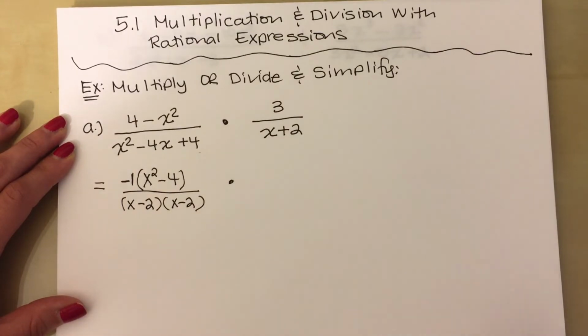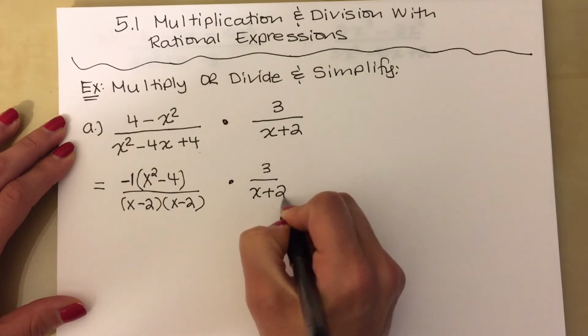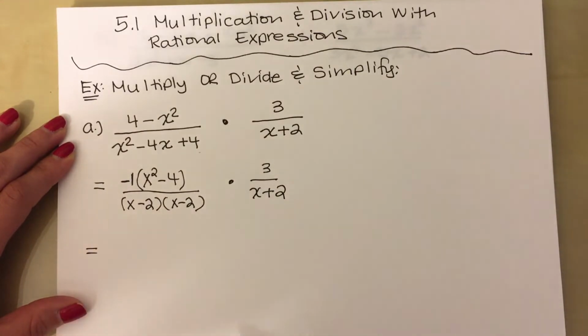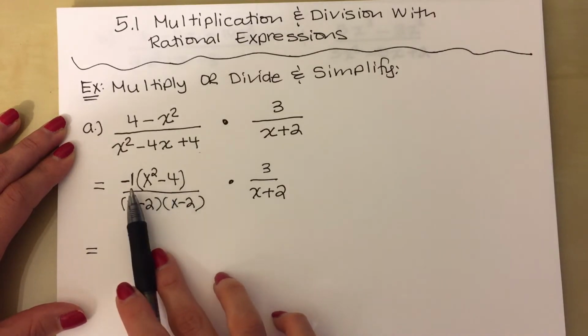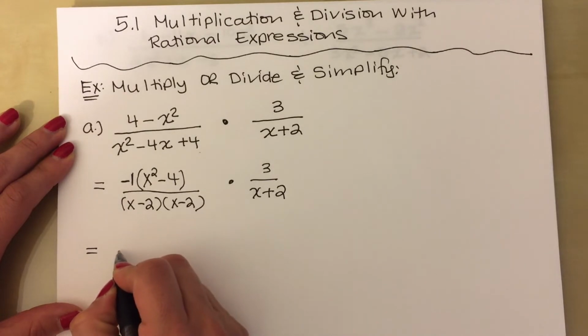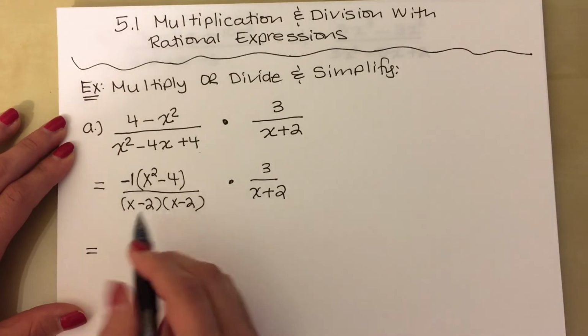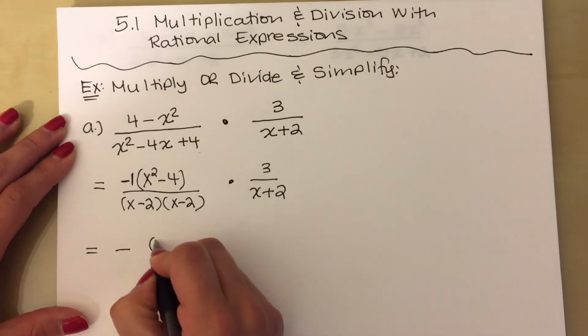And the second fraction we can't factor, so we recopy. We also need to go back and factor this difference of squares. Make sure you carry down -1. And I'm going to move the -1 and put it in front of the fraction. That way we don't have to worry about it anymore.